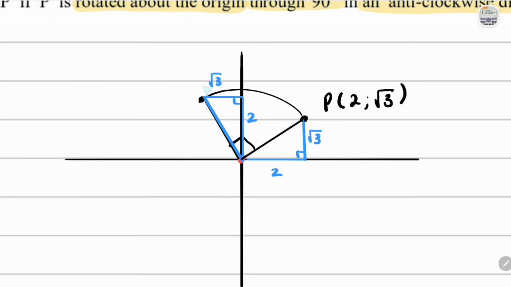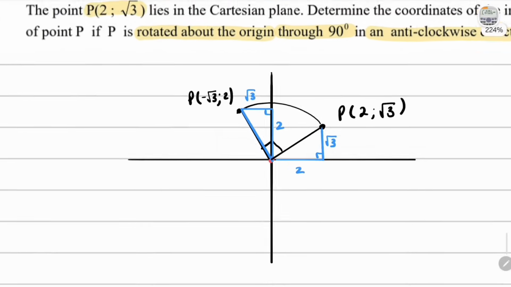But now, because the point is over here, we're going from 0 and then going the square root of 3 units to the left. So as a coordinate, that would be the negative square root of 3, and the y value of that point would be 2 units up. It was 2 units to the right here. It's going to be 2 units up here. And there we go. So that new point is negative root 3 and 2.